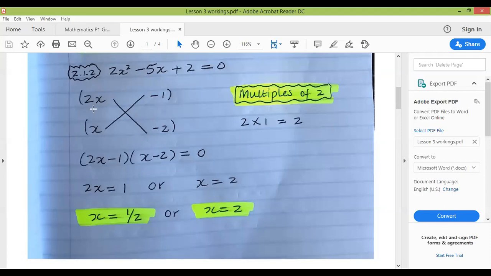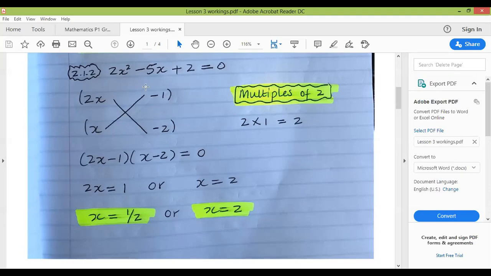When you go down, you are multiplying. When you go up, you are adding or subtracting, depending on the question. So 2x multiplied by 2, that's negative 4x, minus 1x, basically, because this x goes like this.